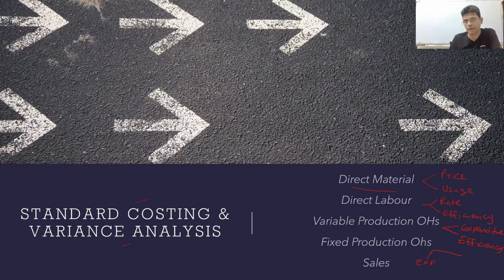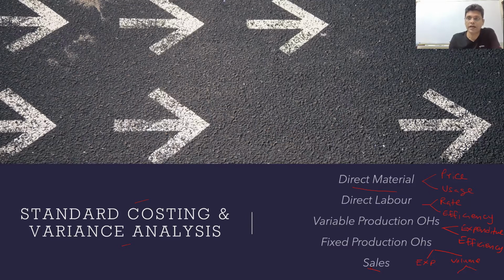This volume variance can be subdivided into two further types of variances, basically the volume efficiency and volume capacity variances. And finally, we have sales variances. Under sales variances also we have to calculate two types of variances, basically price variance and volume variance.